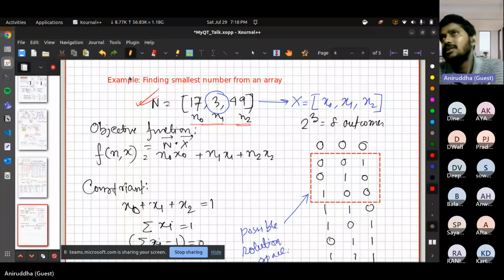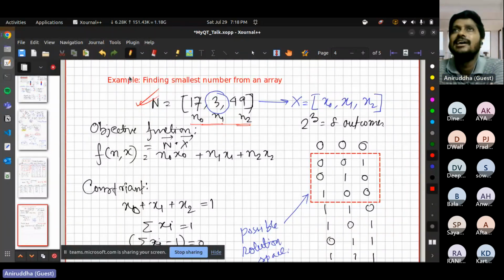We are quite clear that if all the numbers are unique, of course this is a condition for this to work, then there will be one smallest element. There cannot be 2 or more smallest elements in the array. If the numbers are unique, there will be one smallest element, and that is the crux of how we are designing the objective function.